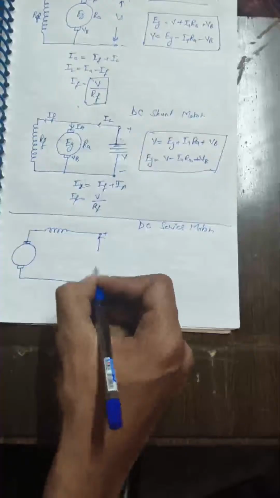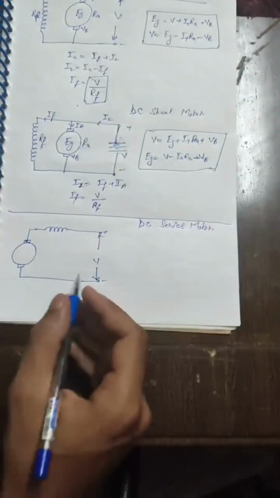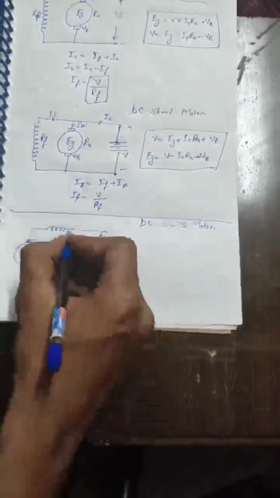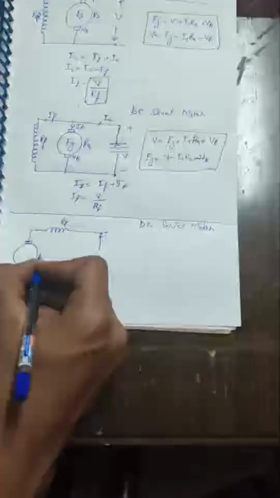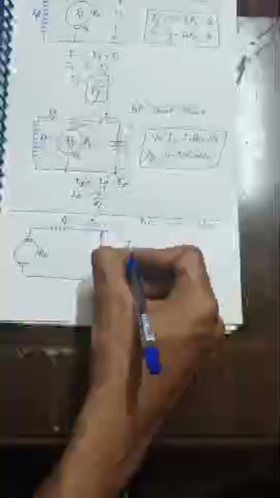The terminal voltage V, or say supply excitation voltage, field resistance RF, IL. This is the current flowing through both the field and armature winding. So the line current is equal to the field current is equal to the armature current.